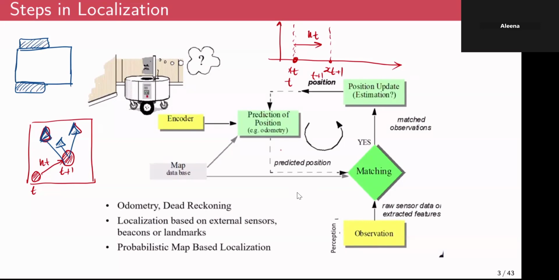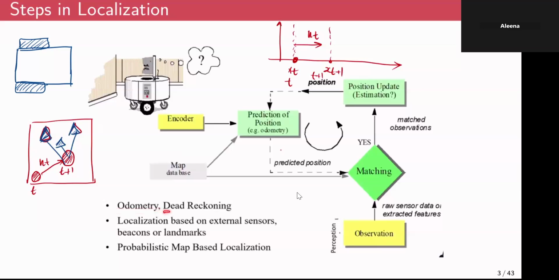Based on the number of times each wheel has rotated, the robot can predict where its next position should be, right? One example is that if both of the encoders are giving you the same data, it means that the robot moves in a straight line. And based on the number of pulses that an encoder gives, you can also calculate its amplitude. So, estimating the position based on the encoders is what we call odometry.